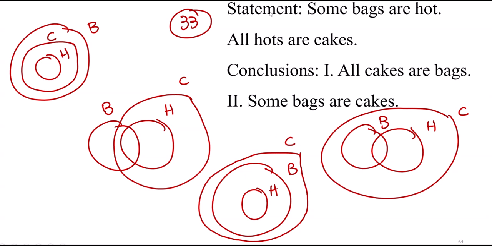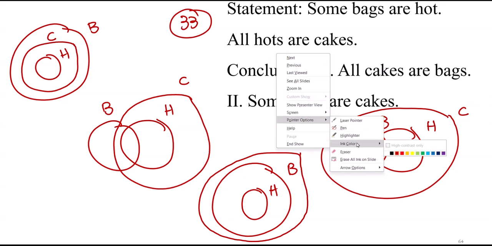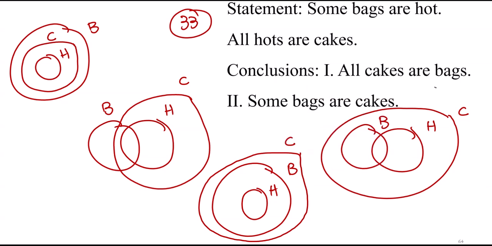Now, all cakes are bags: not true in all diagrams. All cakes are bags is true only here. Why I'm giving all these diagrams is that in the CoQ platform, rarely they give possibility. If they say all cakes are bags is a possibility, then I have to take the first one as correct. When they use possibility, satisfying one diagram is also okay.